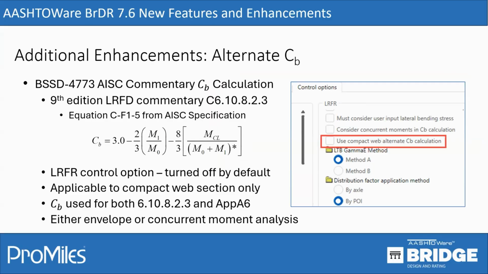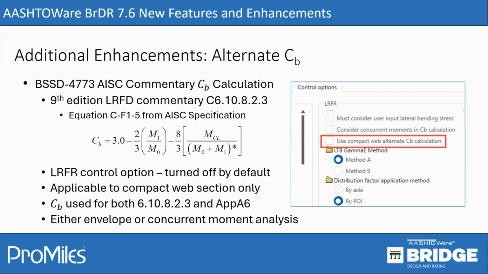We have these TACs, or technical advisory committees, that we work with, and there was discussion about using this alternate C sub b that is referenced in the AASHTO commentary, and it refers back to the AISC specifications for particular situations. This is a fairly specific use case.